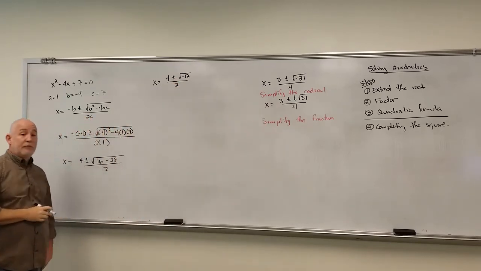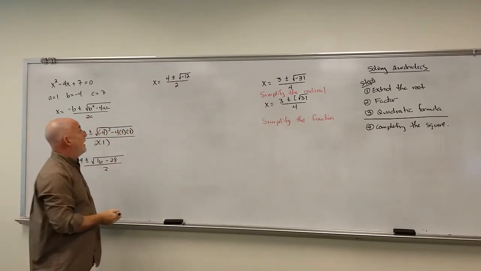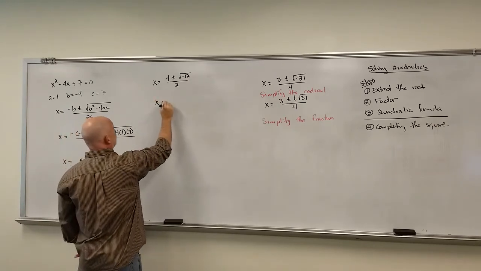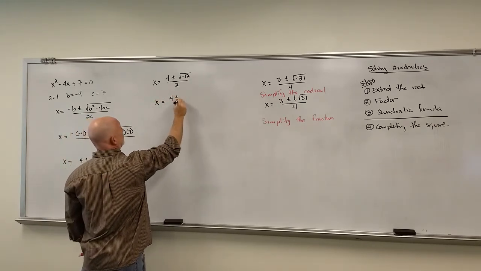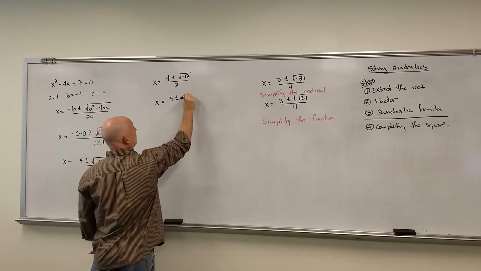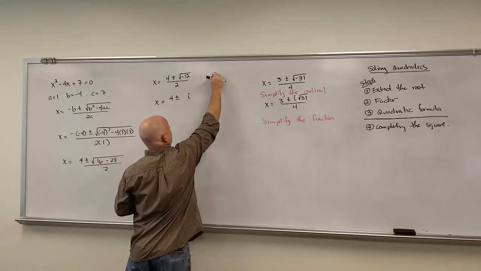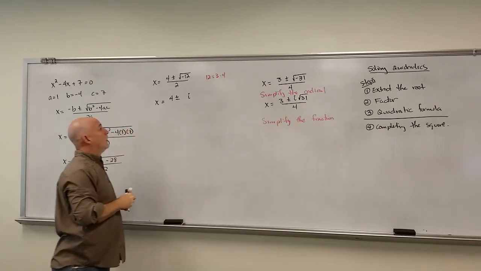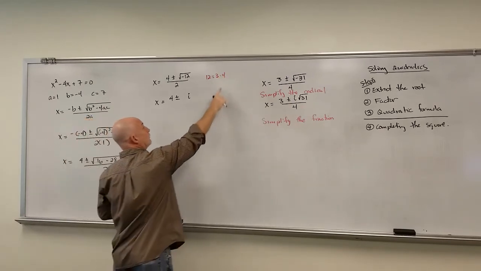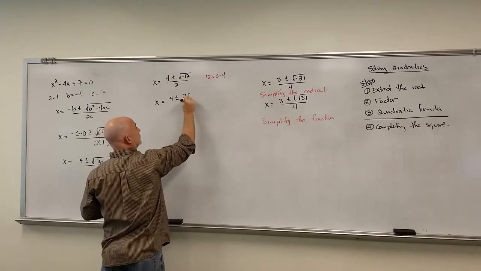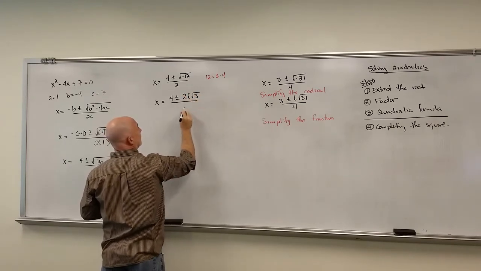Okay, now that we've simplified the numbers, we want to simplify the radical. So that radical will simplify quite a bit. I know that there's a negative in there, so I'm going to get an i. And I know 12 is equal to 3 times 4. So the perfect square in 12 is 4, so the square root of 4 is 2, square root of 3, all over 2.